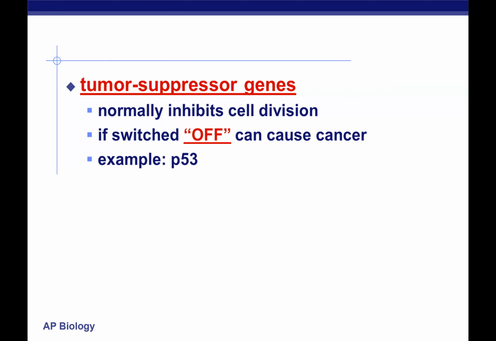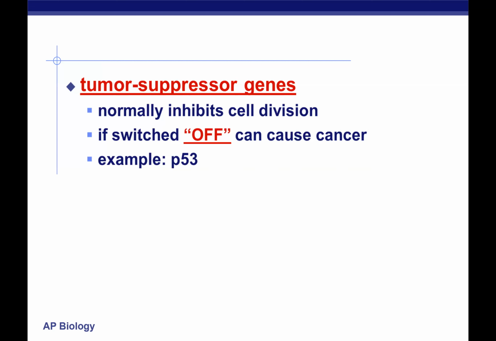So these genes, what we call tumor suppressor genes, are the ones responsible for keeping a healthy cell in a non-dividing phase. Therefore, tumor suppressor gene expression in a healthy cell is required.